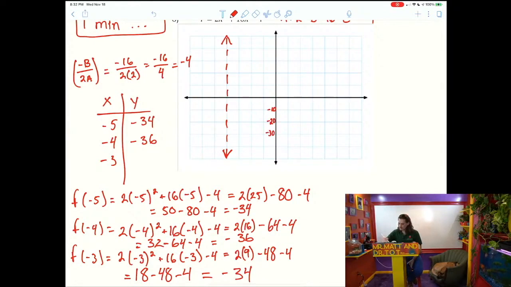So that's going to be about here. And let me do a different color. At negative 4, we're about negative 36. And at negative 3, we're at negative 34. So it doesn't have to be exact, but something like this.